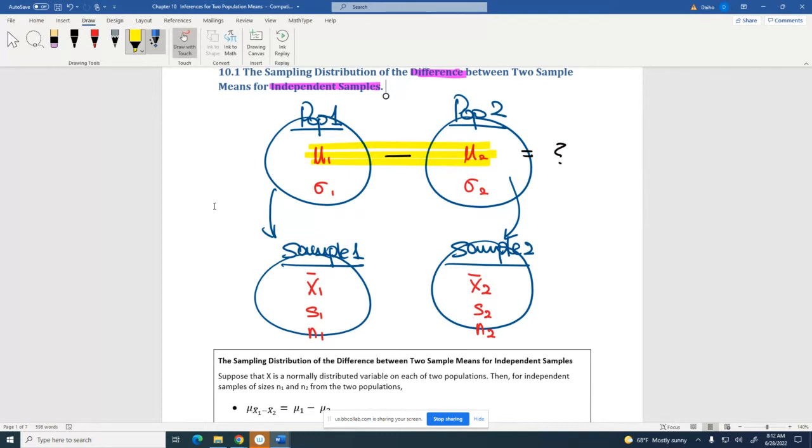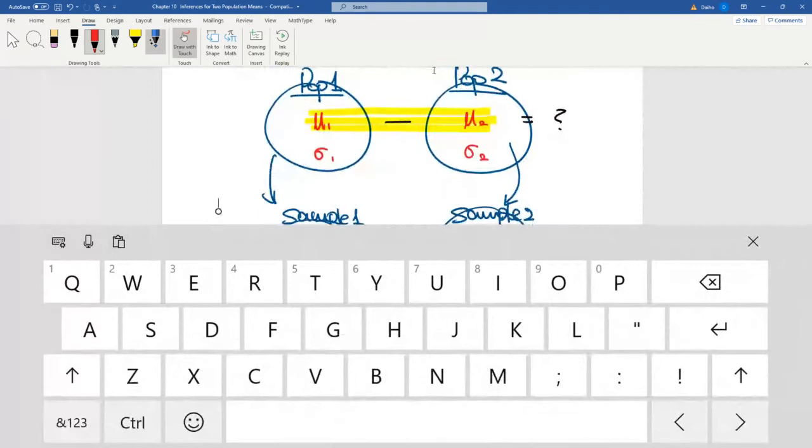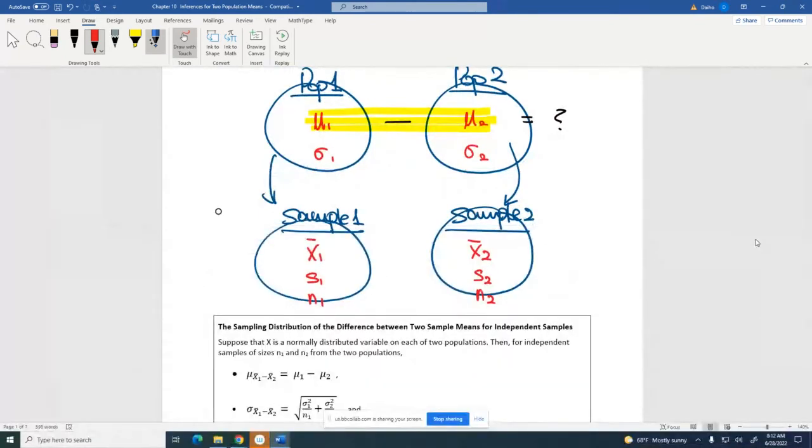So we are interested in the difference between the two means. Absolutely, we are also going to take the difference between the two sample means.